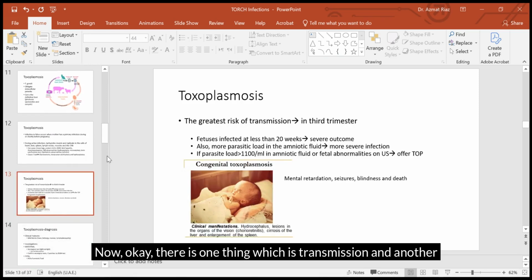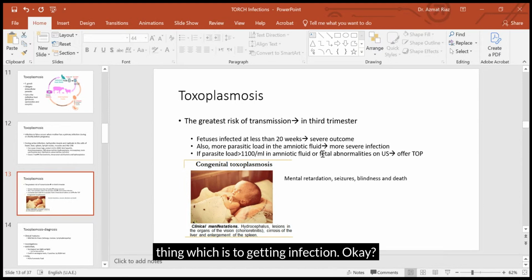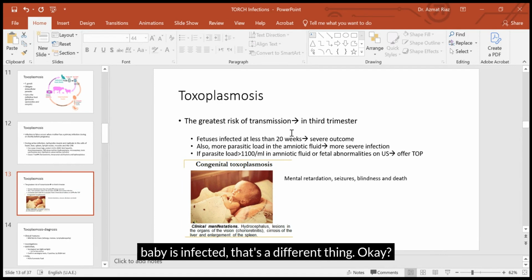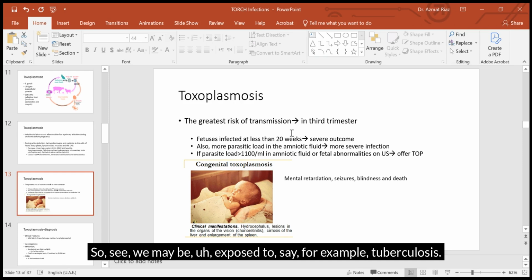Now, there is one thing which is transmission and another thing which is getting infection. Transmission means it is transferred, but whether the baby is infected, that's a different thing. We may be exposed to, for example, tuberculosis, but do we get infected?